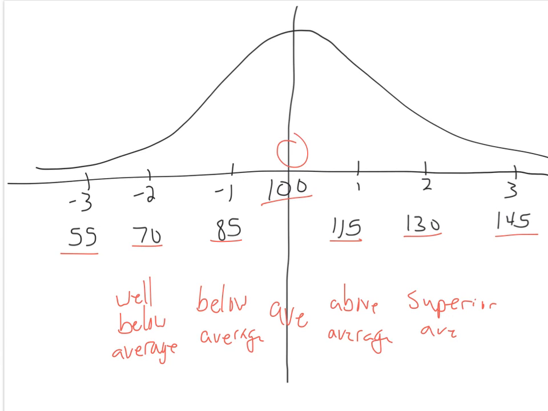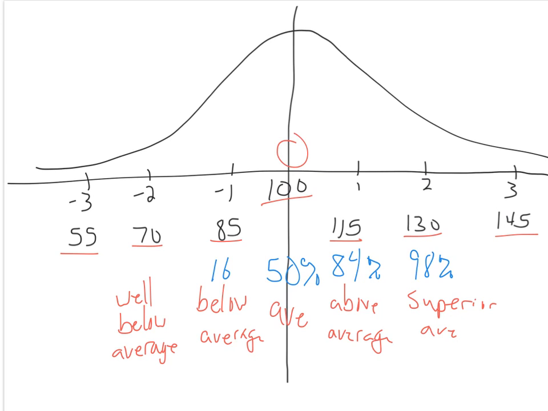And then with the percentiles, right here at 100, we'll do this in blue, is the 50th percentile. Okay, and then as we move up, there's a jump, 84th percentile, and then up here with 130 at 2 standard deviations, 98th percentile.